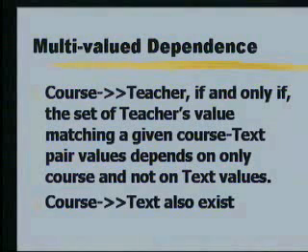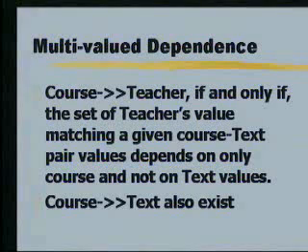What is a multi-valued dependence? We have just given an example of it. If I say course multi-determines teacher, that is if and only if the set of teacher values matching a given course-text pair values depends on only course and not the text values.